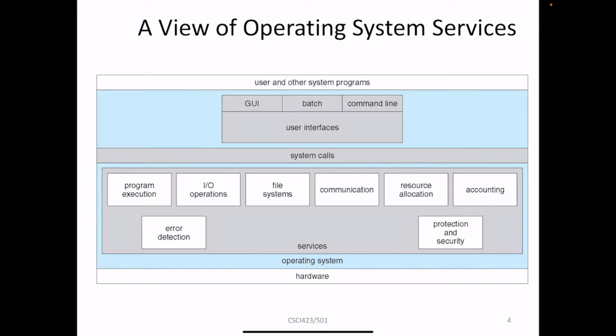The operating system also provides file systems and communication services to users. For communication service, later you will learn that communication may happen between different processes. There are two major communication ways. One is called message passing. Another one is called shared memory. In later chapters, when we talk about communications, you will know how they work.